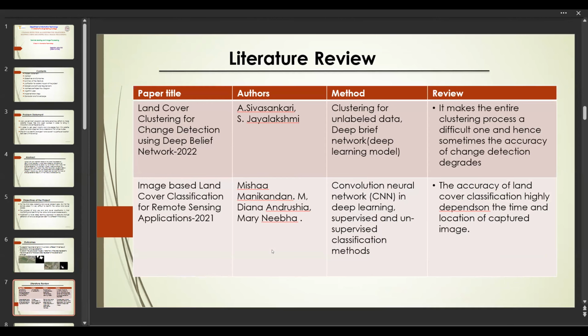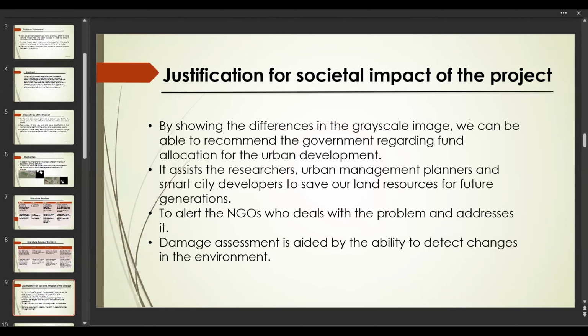In that base paper, they used a clustering process, and in our project, we have used an algorithm called Siamese network. This is the justification for the social impact of our project. By showing the changes in two different time spans of a particular location, we can recommend government regarding fund allocation for urban development.